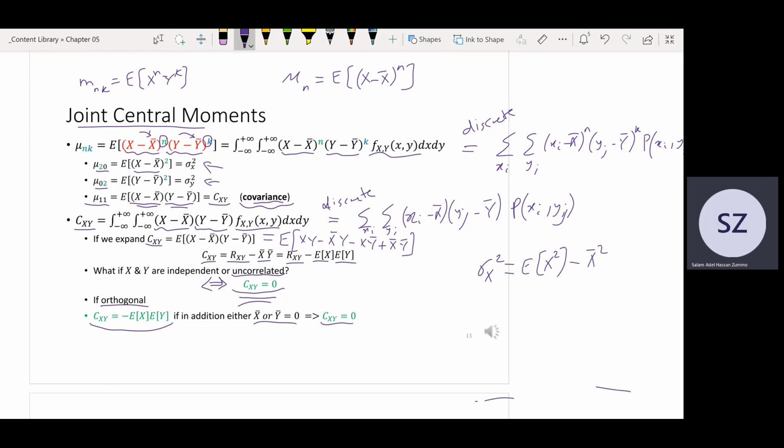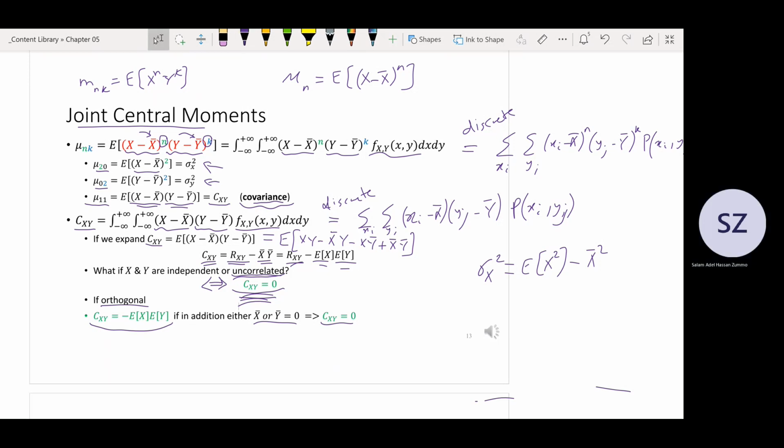In terms of correlation, the covariance equals the correlation minus the product of the means, and we did the derivation. If we have uncorrelated random variables, then the correlation equals the product of the means, which means the covariance equals 0. So with covariance equal to 0, we have two uncorrelated random variables.